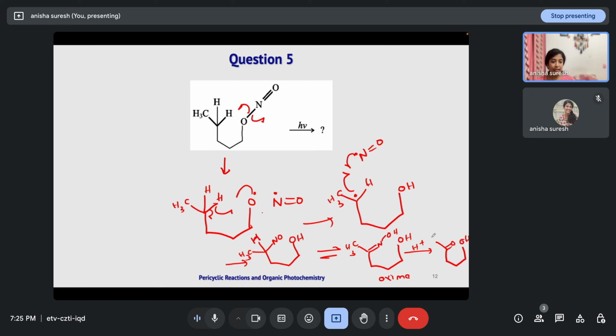a ketone like this. Okay, now since only the h nu condition is given, here the product will be OH, NO, H, CH3.